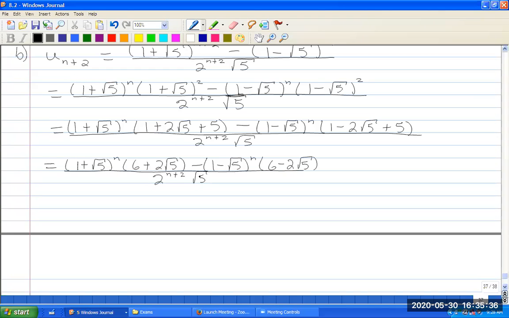I can divide everything by 2. I can divide the numerator and denominator here by 2.